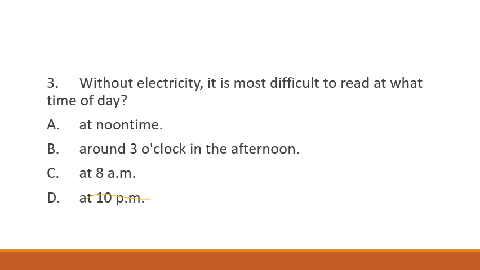At around 3 o'clock in the afternoon you can read, whether you have electricity or not. At 8 a.m., yeah, you can read because it's still early morning. But at 10 p.m., it's impossible to read if you don't have electricity.